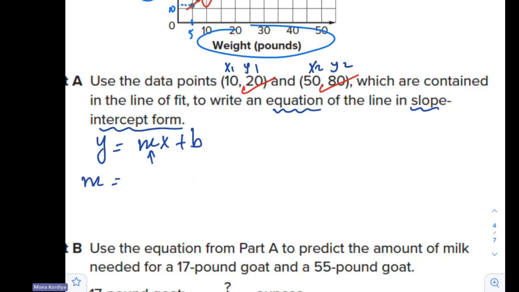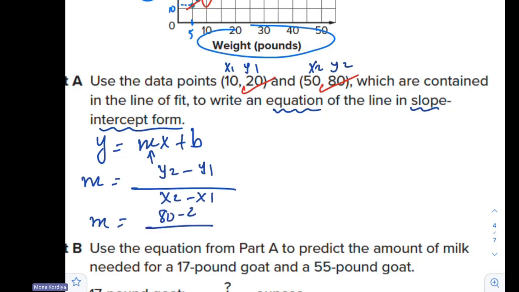So slope, as you remember, is 80 minus 20 over 50 minus 10, which is 60 over 40, which is 3 over 2 in the simplest form, or 1.5, we can say.